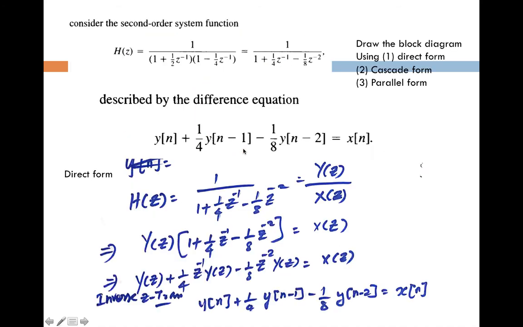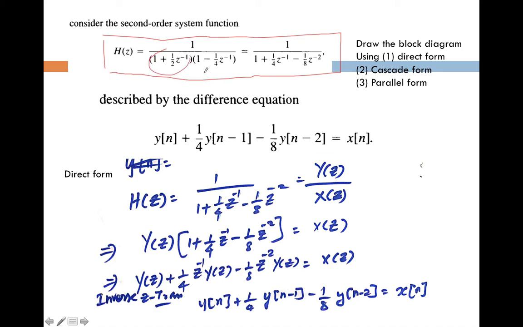Okay, now we are going to discuss another problem, that is h of z is equal to 1 by 1 plus 1 by 2 z power -1 into 1 minus 1 by 4 z power -1, and we can write this equation by multiplying these two small functions.